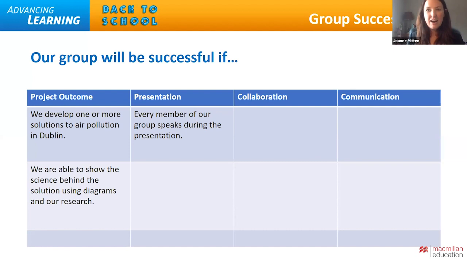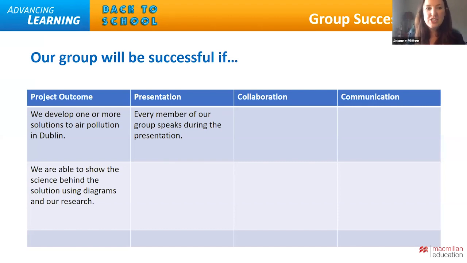So they are now acknowledging and putting down on paper that they have to back up their solution. It shouldn't just be something out of their head. They need to show that they've researched it and that they've put together an impressive presentation to convince you that this is a good solution to the air pollution problem in Dublin.